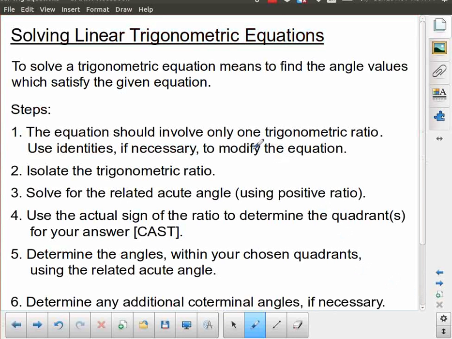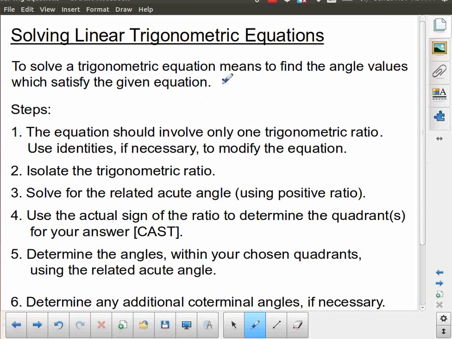Now let's talk about this. And I know this looks quite wordy, but the rest of it is just examples. So when we're solving a trigonometric equation, we're looking for angle values that satisfy the given equation. Because of their periodic nature, technically that means we have infinite solutions. So what we will normally do is also, there'll be a restriction.